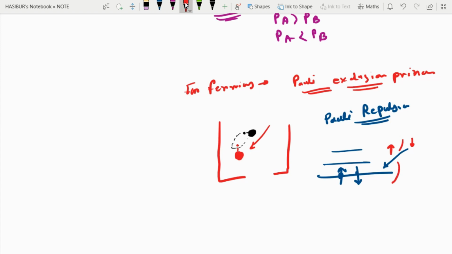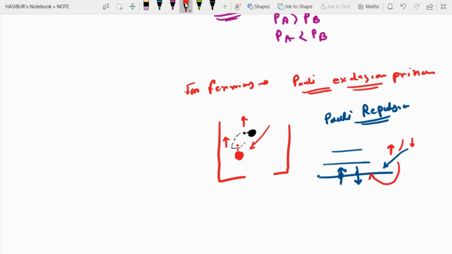Whenever you add that, it will create a repulsion. According to the Pauli exclusion principle, it is not allowed. So it will repulse and not allow the electron to come to this position. Suppose it has spin up and this electron also has spin up, it will not allow this spin up electron in the neighborhood of this electron.